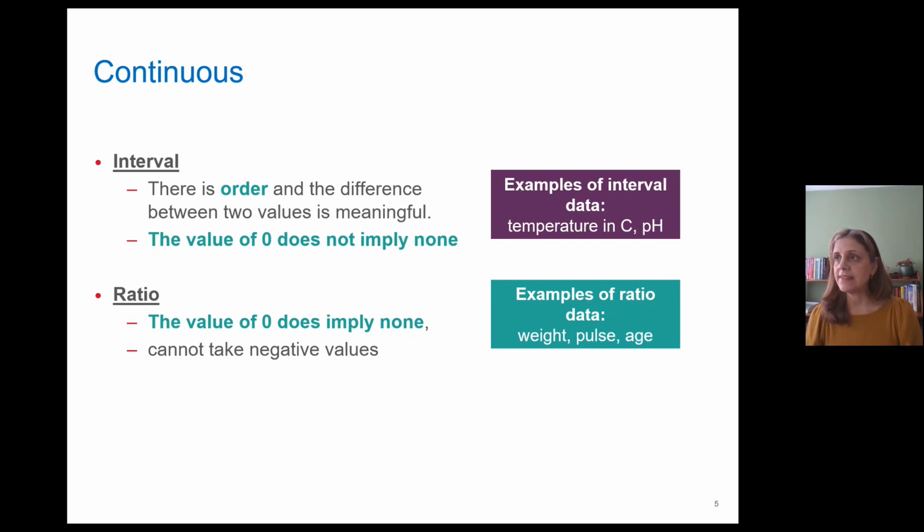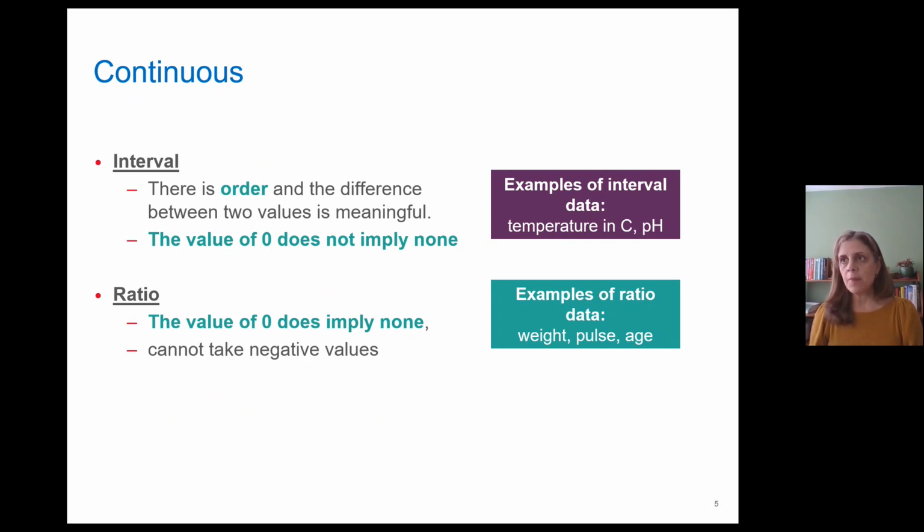So there's interval data, and for interval data, this is actually quite a rare type of continuous data, and you won't come across it very often. But for interval data, the value of 0 does not imply none.